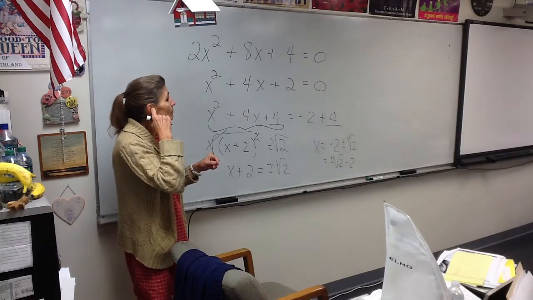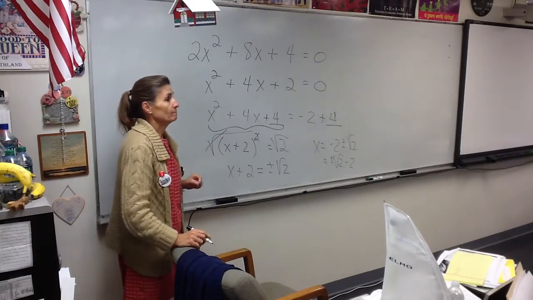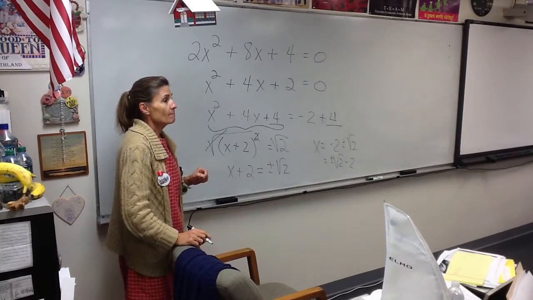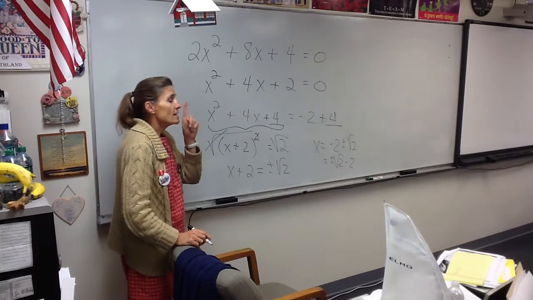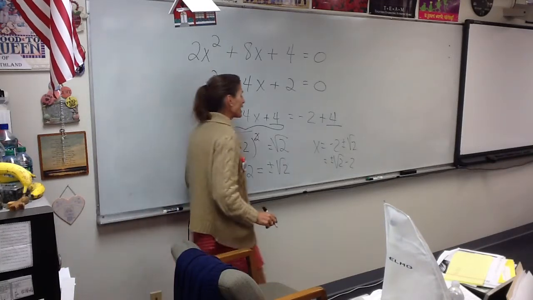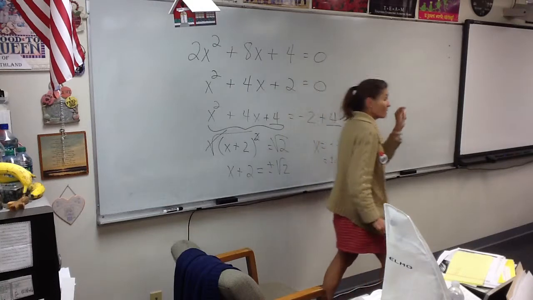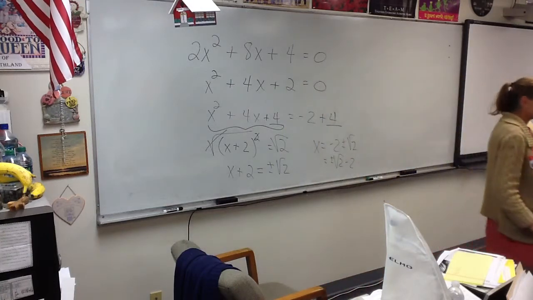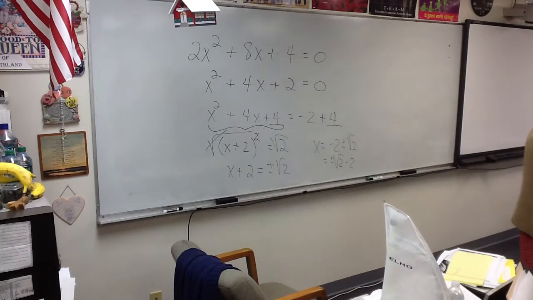Now, how many of you got that right? I'm very happy that those hands went up. That's awesome. I'm not happy that everybody's hand didn't go up. Okay? So we're going to have a quiz tomorrow, only it's going to be 2 questions.